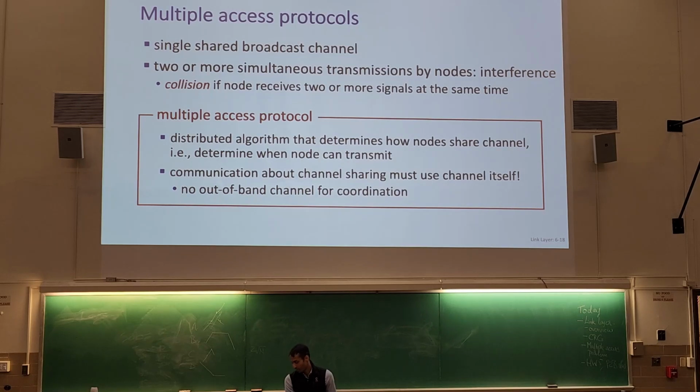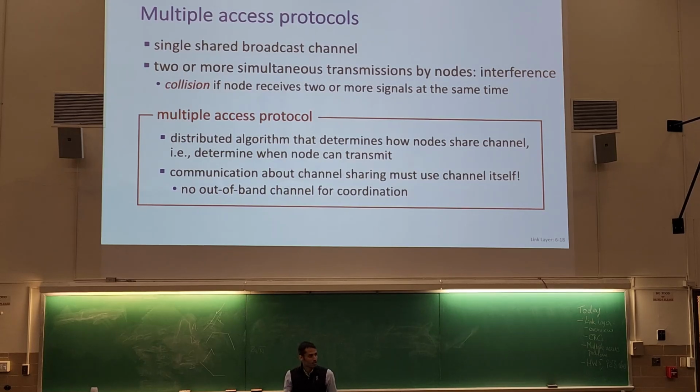So we need a distributed algorithm that determines how nodes are going to share the channel. Who decides when I talk, when Thomas talks, or when Joe talks, when GC talks, when Carlos talks? Who decides this? We need a distributed protocol because if there's a central node that decides it, it's not fault tolerant enough. So we would ideally like this to be distributed.